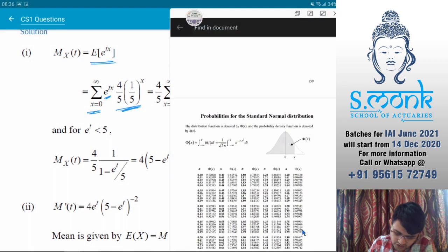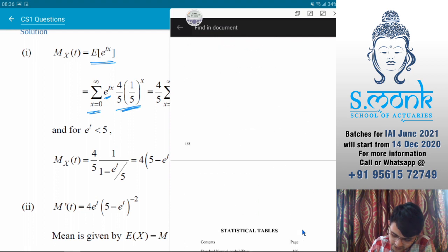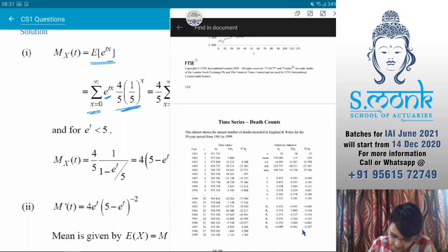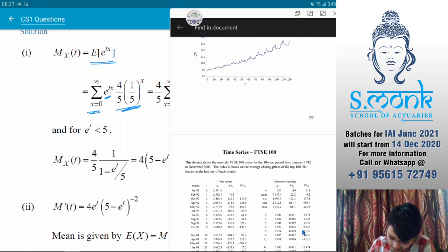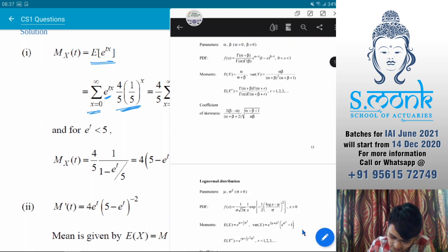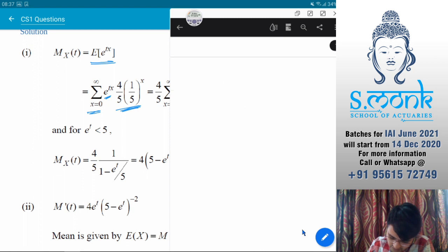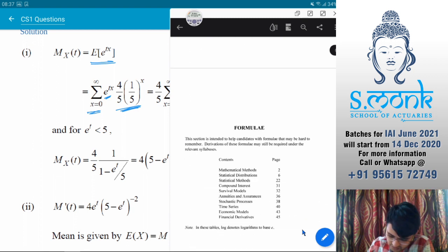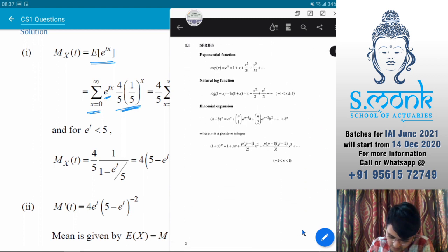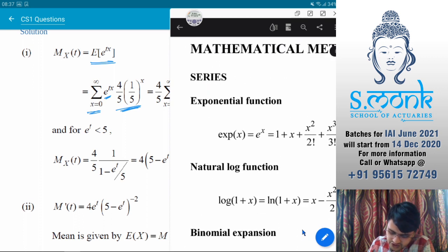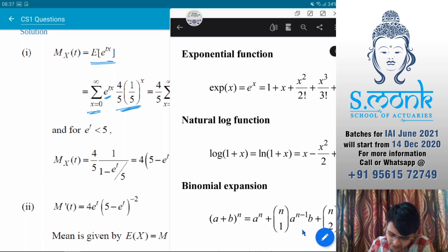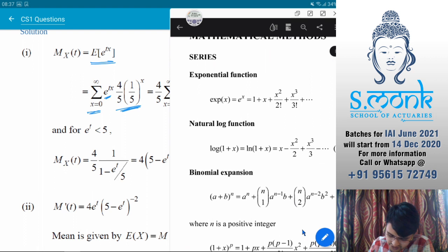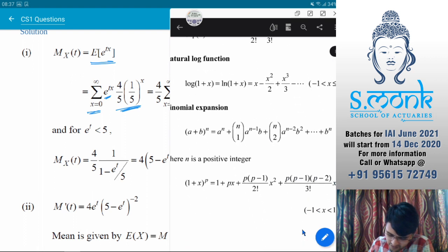In our table book, they have given you a few series at the beginning, that is page number 2. You have your exponential function, this is very important. You have your log function, this is important. Binomial expansion, important.